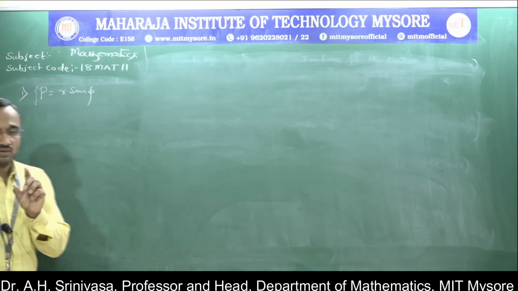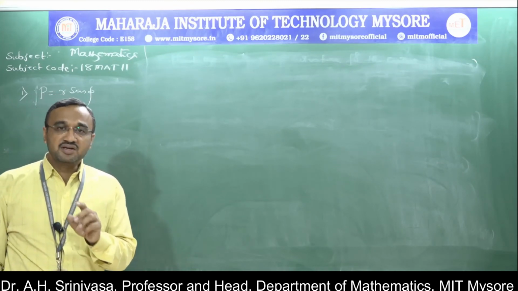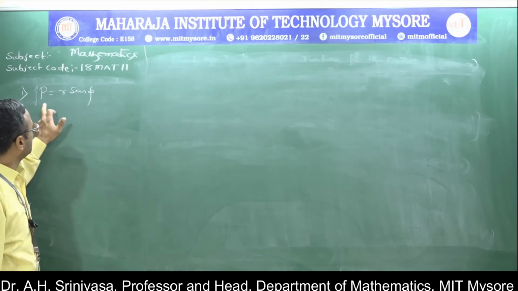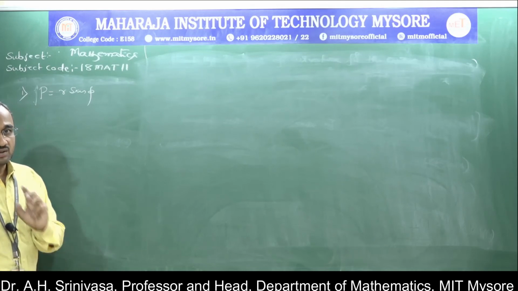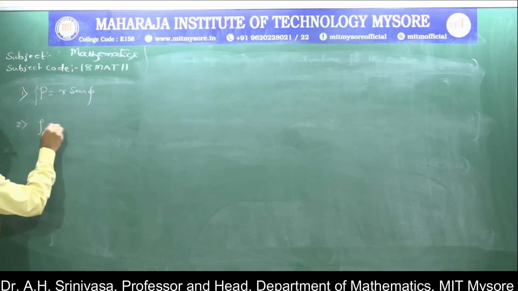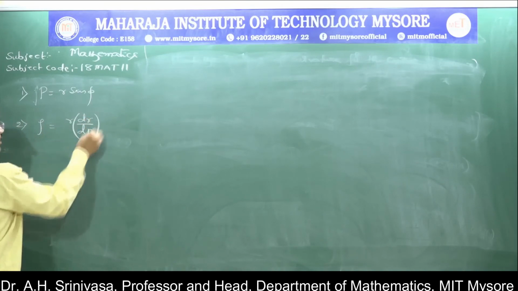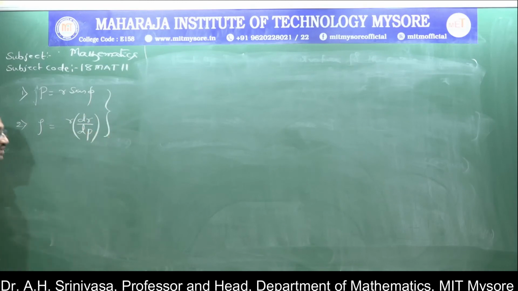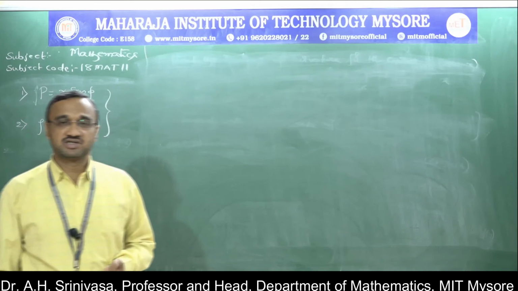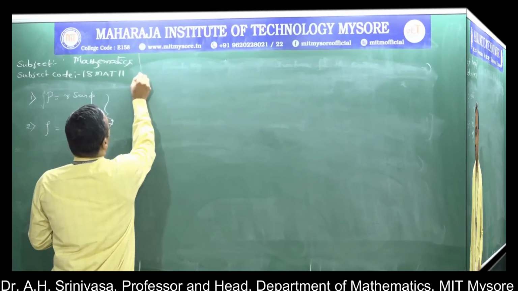Remember this whenever we find the radius of curvature in case of polar curves. So P equal to R sin phi, you have to remember. Then for radius of curvature, rho equal to R into dr by dp. These two results are very important whenever we find the radius of curvature in case of polar curves.